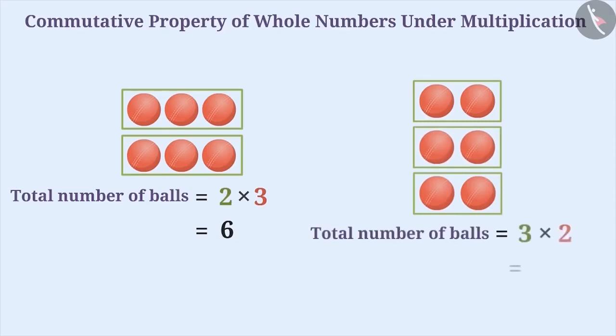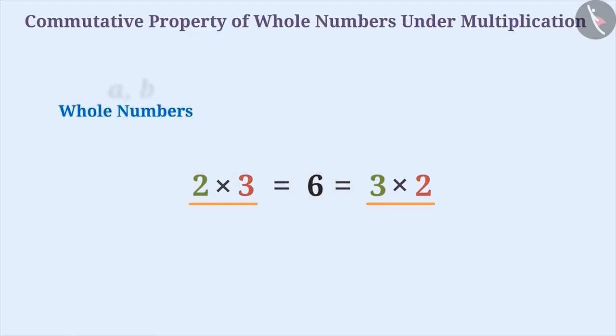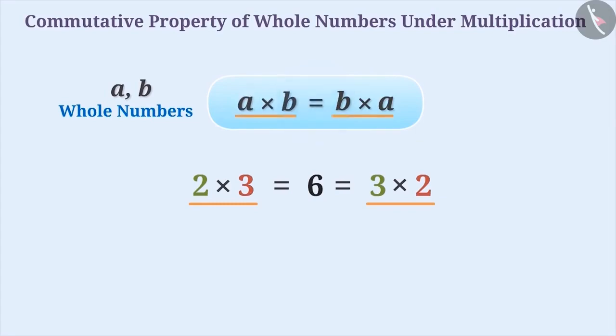Yes, 3 times 2 is also 6. This shows that multiplying two whole numbers in any order will result in the same product. Therefore, for any two whole numbers, a and b, the product of a and b is equal to the product of b and a. Thus, we can say that the multiplication of whole numbers is commutative.